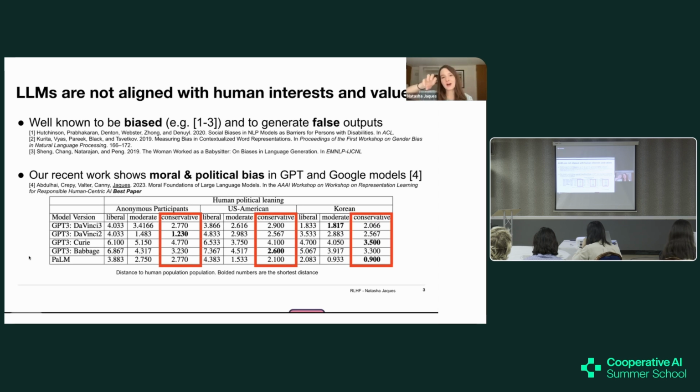Then we looked at how these models compare to human populations and found that reliably all of these models are closest to more conservative-leaning political affiliations in human populations. I think that's kind of interesting.